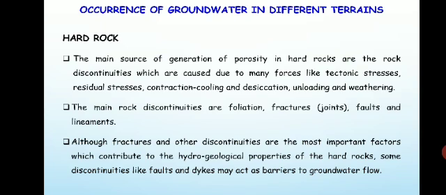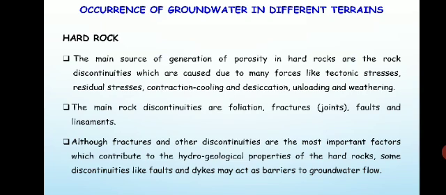Then faults and lineaments are cracks which extend for a longer distance. All these are the main discontinuities seen in hard rocks, and that is why they also become good aquifers.